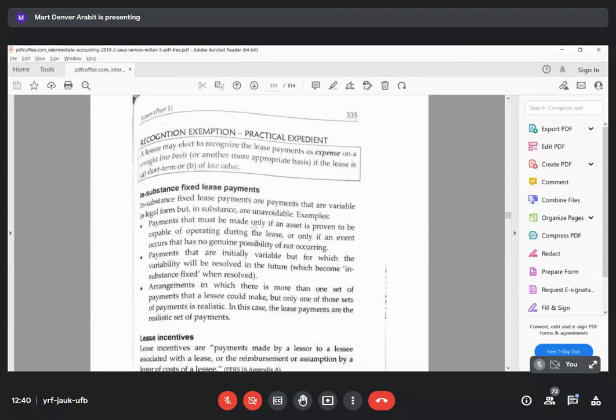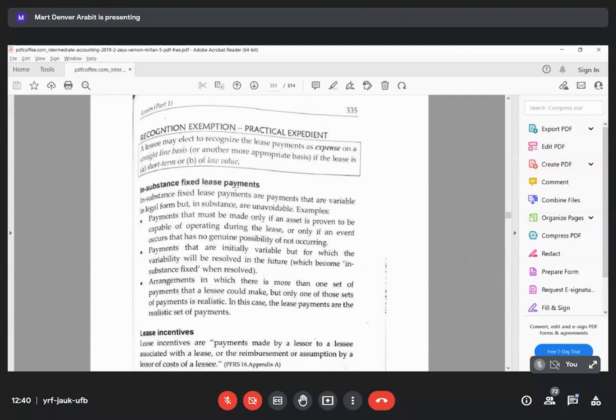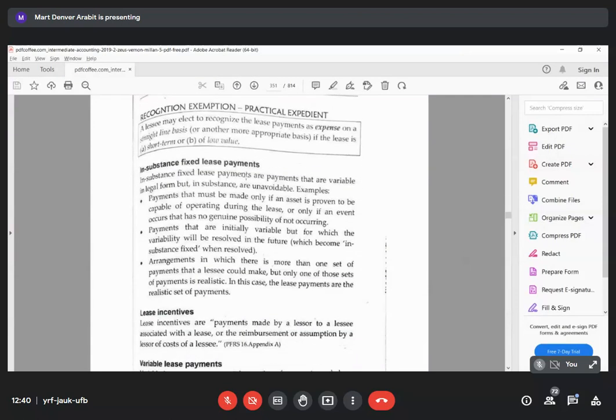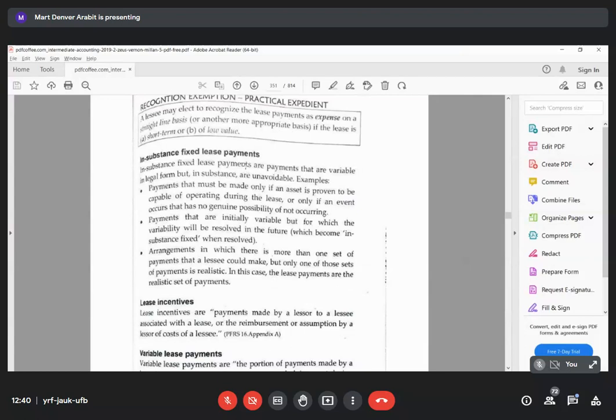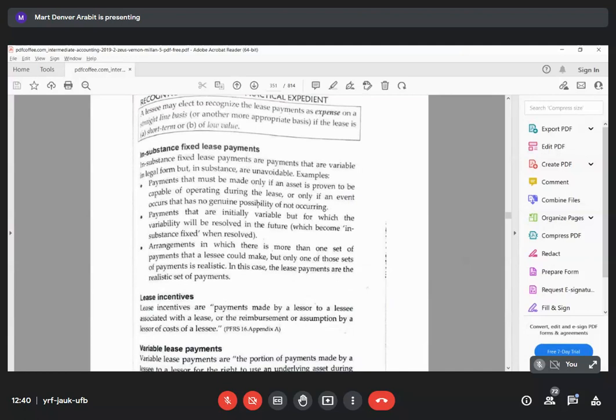So, next is in substance fixed lease payment. In substance, fixed lease payments are payments that are variable in legal form, but in substance are unavoidable. Examples of these are payments made only if an asset is proven to be capable of operating during the lease, or only if an event occurs that has no genuine possibility of not occurring.